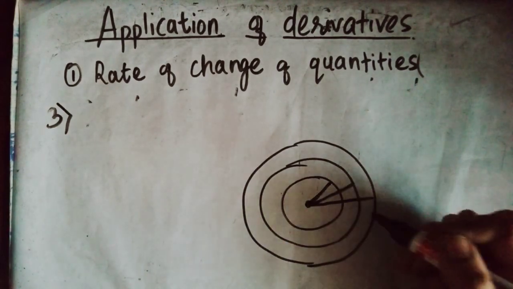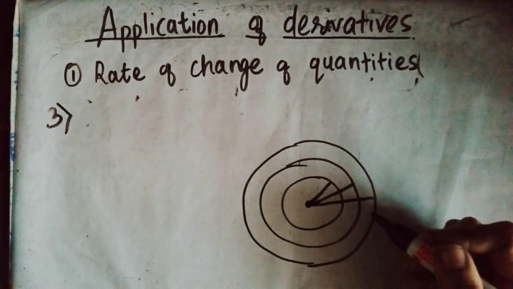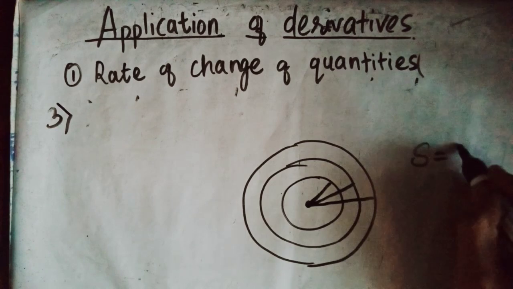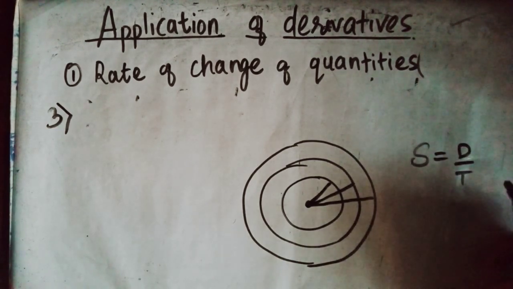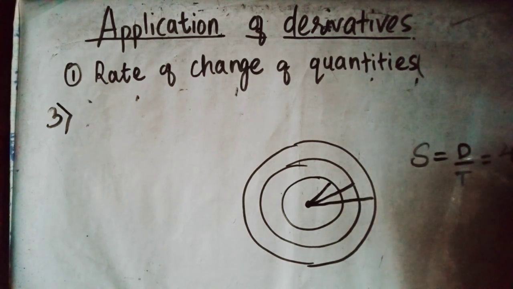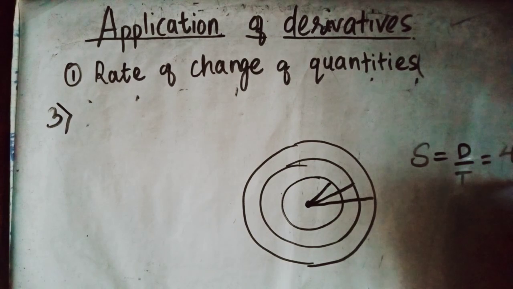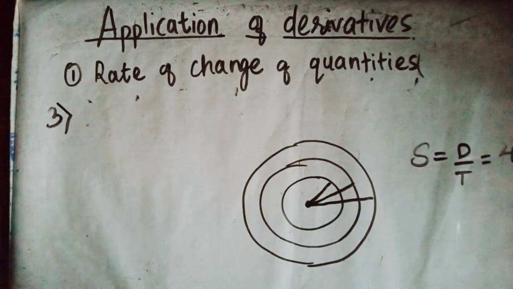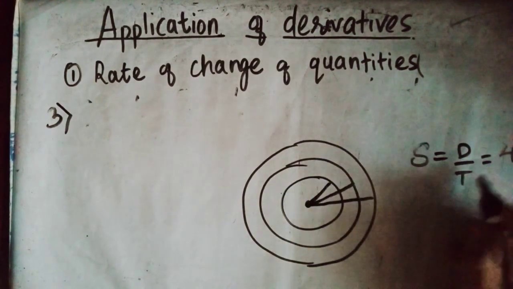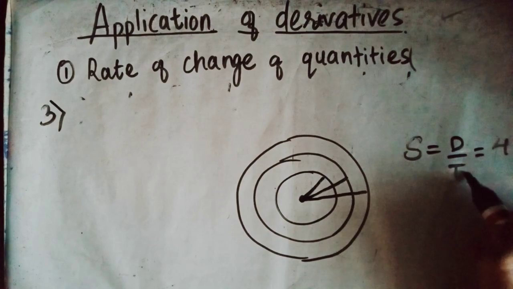So this radius is increasing. Now, waves move in a circle at a speed of 4 centimeter per second. So speed is given. What is speed? Speed is distance upon time, right? So speed is given, that is 4 centimeter per second. So this is distance upon time.